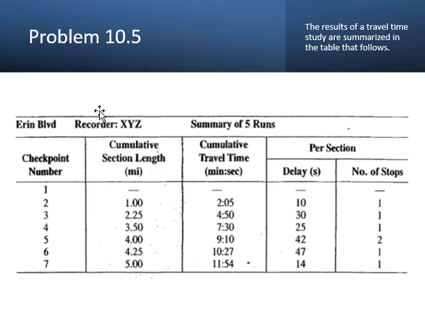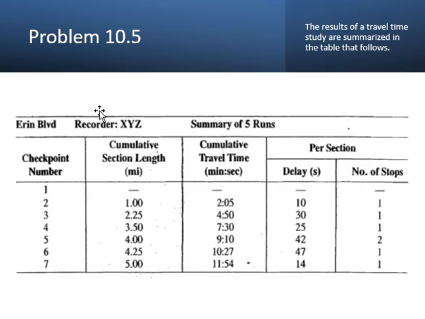These are the results of 5 travel time runs, and runs means samples. So these values are already an average of 5. They started from this point and ended at this point. These are intermediate points. At every intermediate point they took the observation for cumulative distance and cumulative travel time.